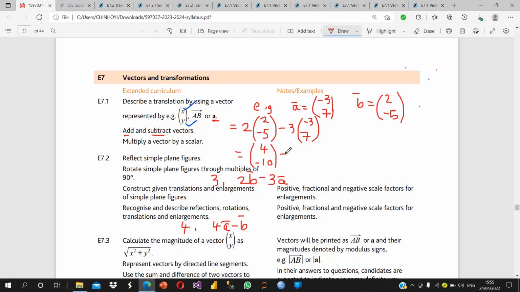Then minus, you are going to take this 3. Don't use this negative, because this negative is meant for subtracting. So we are just multiplying this vector by 3. So I'm going to say 3 times negative 3, you get negative 9. Then you say 3 times 7, you get 21.